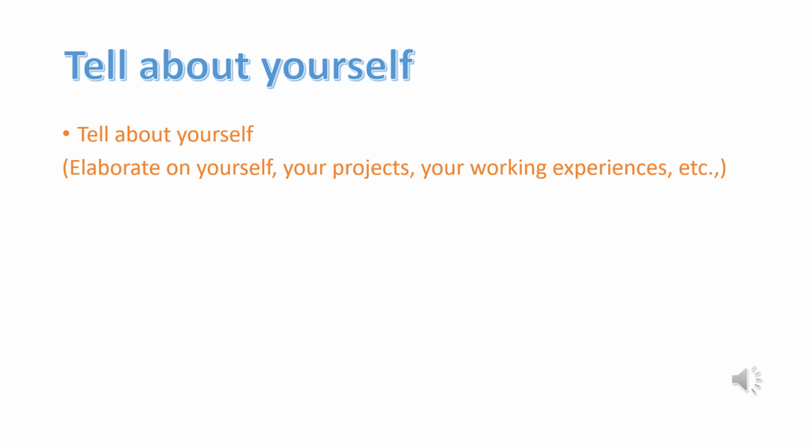You need to say what skill sets you used in that project, how the project came, how the project is going on, what status it is in now, what your role in the project is, and what major things you have done in that project. You have to tell that to the interviewer.